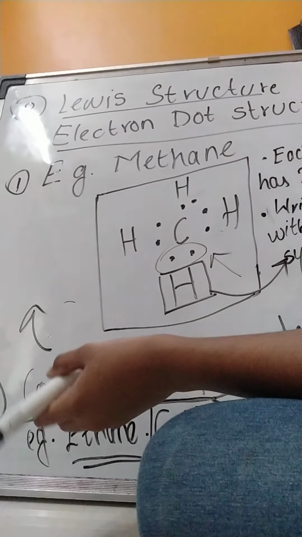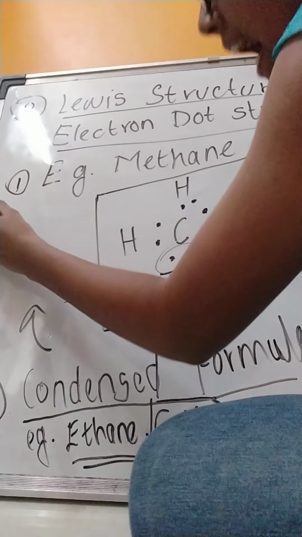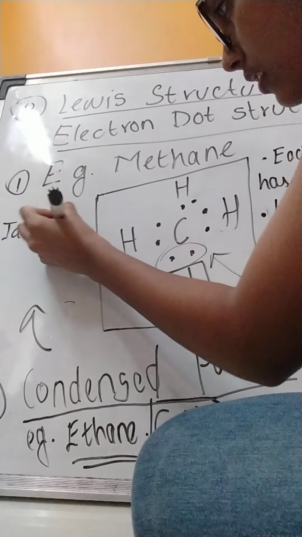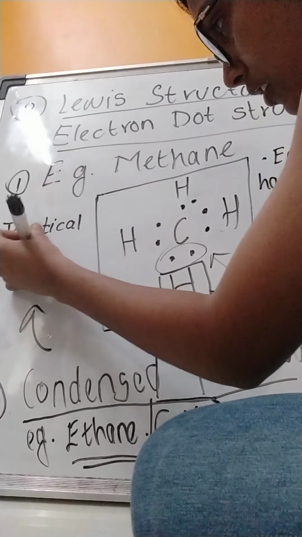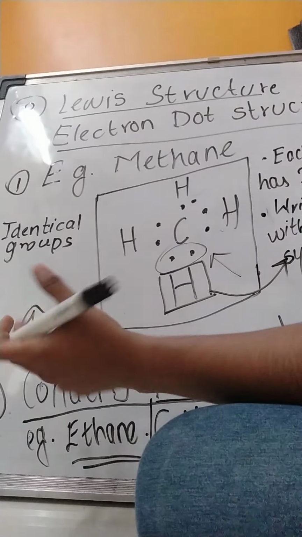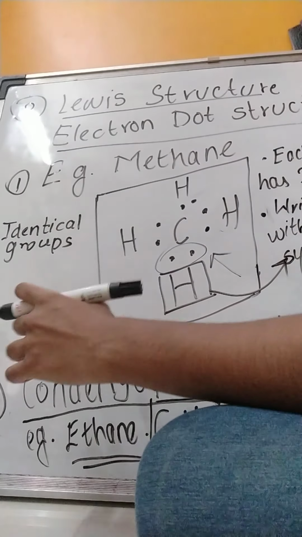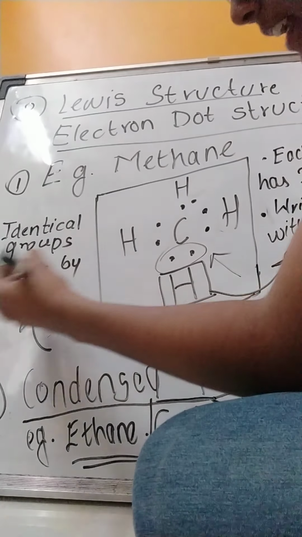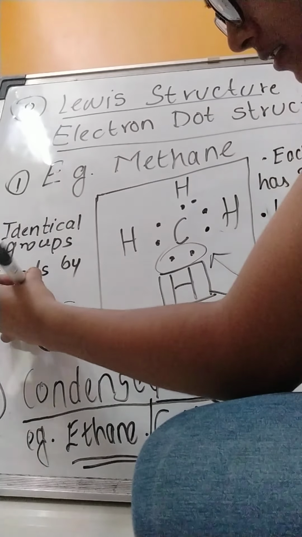First, we have to recognize the identical groups. And secondly, we have to replace some bonds by subscript.